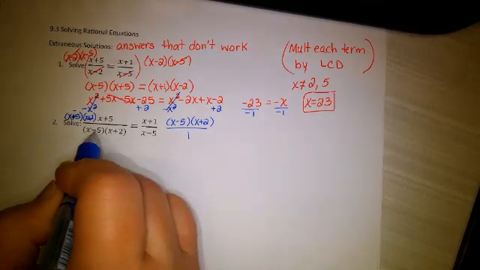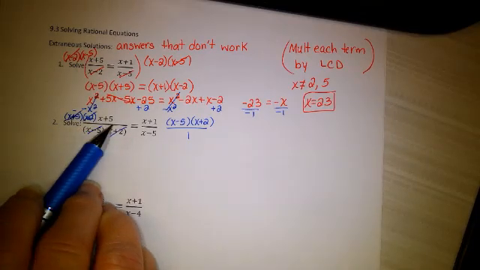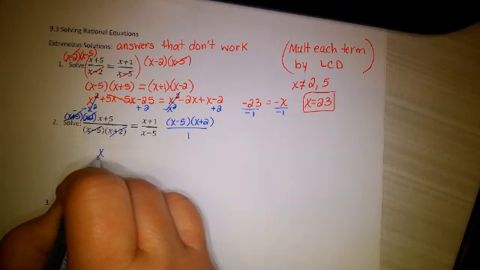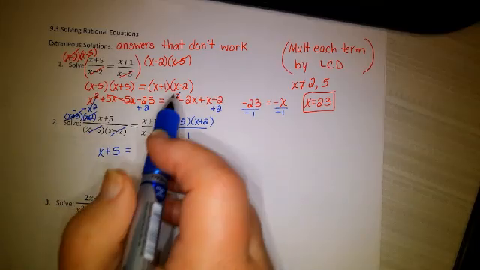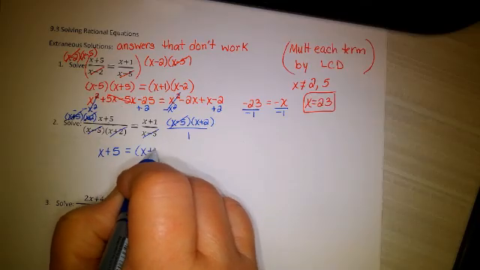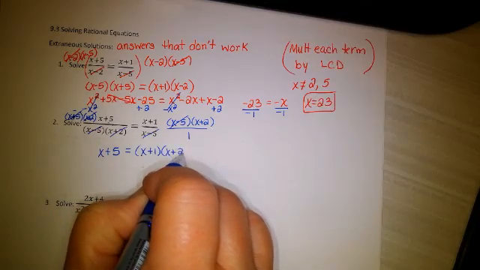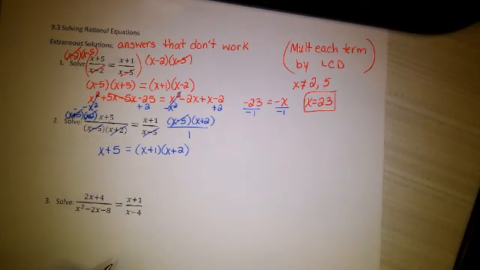On the left-hand side, the whole denominator cancels, and all I'm left with on the top is x plus 5. Now on the right-hand side, only the x minus 5 divides out, and I'm left with x plus 1, x plus 2. No more fractions, I can just solve.